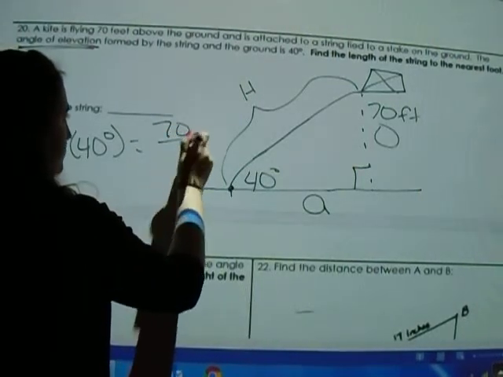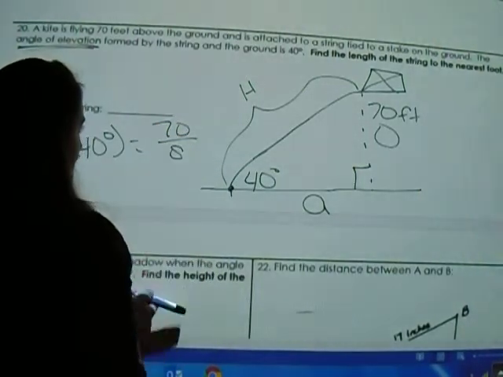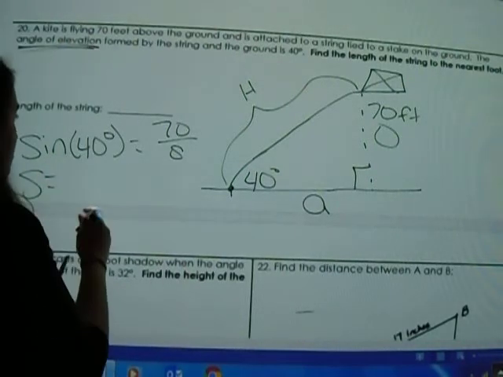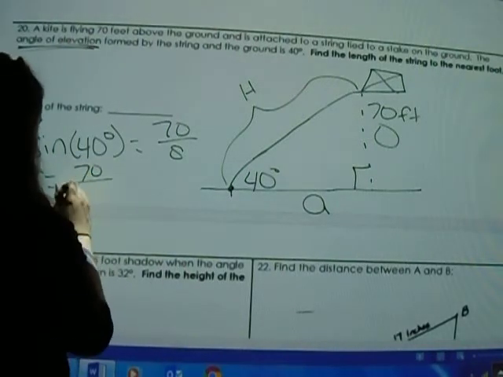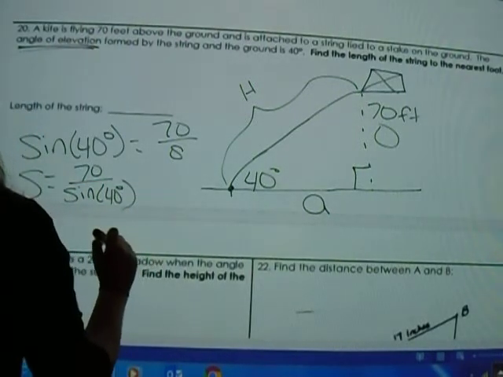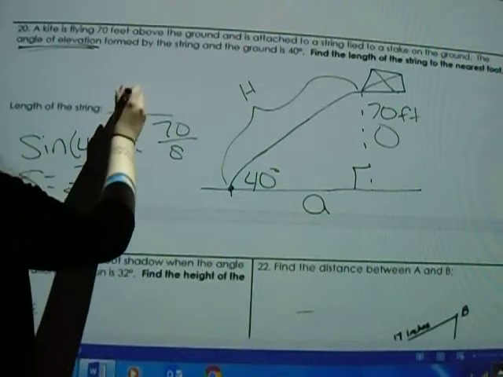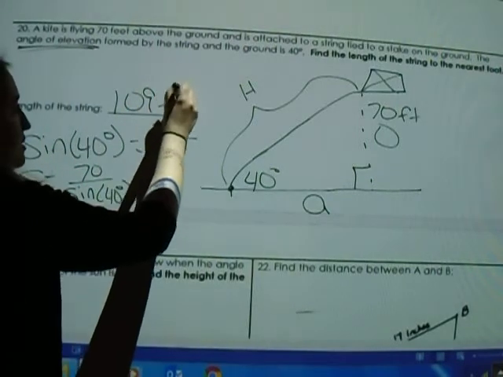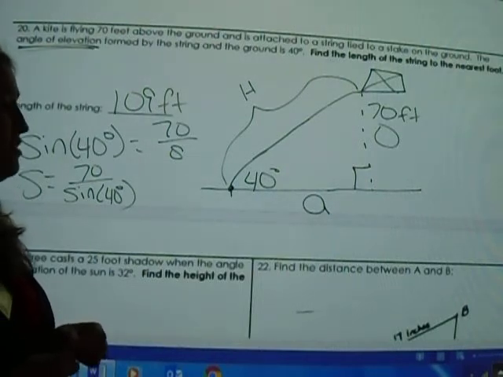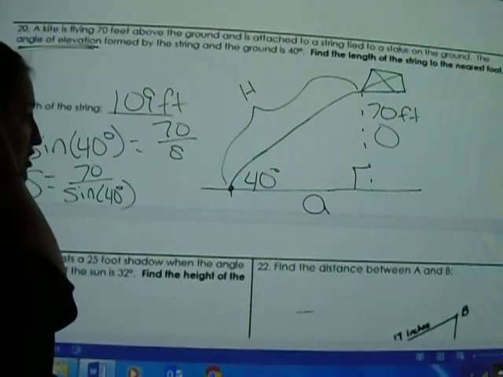So 70 divided by the length of the string, which is s. We're going to do that fancy thing, and we know s equals 70 divided by sine of 40 degrees, which you would input into your calculator and get 109 feet because we rounded to the nearest foot. All right, so that concludes part 1 of the video, and go to part 2.